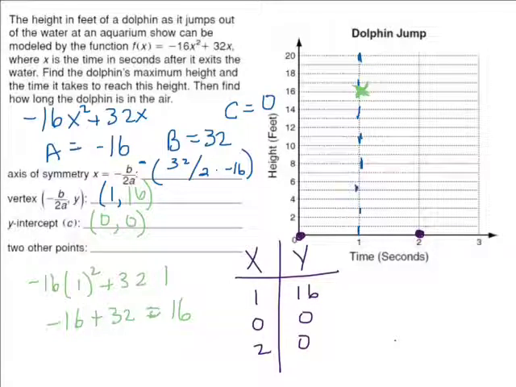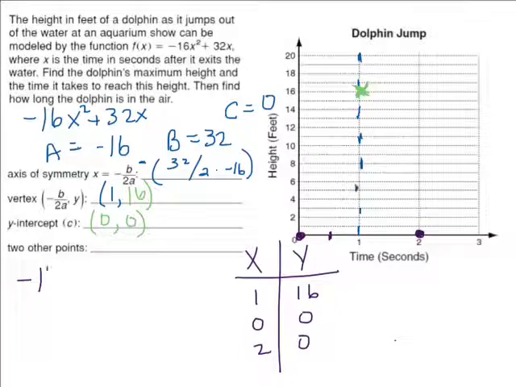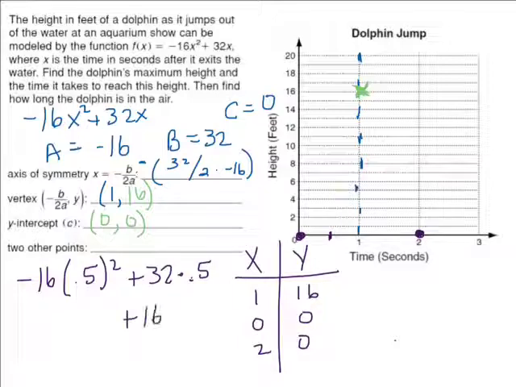What we need to do is find points in between the vertex and the roots. So let's find a couple more points. I think a good point to look at is 0.5. So if we go negative 16 times 0.5 squared plus 32 times 0.5, we know that half of 32 is 16.